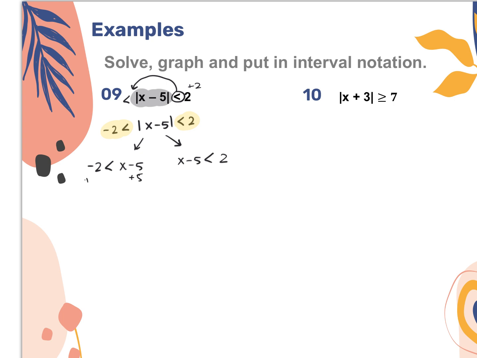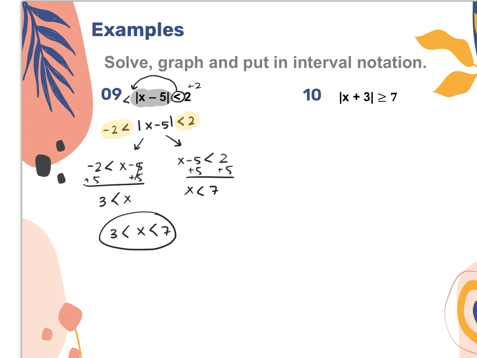So I'm going to add 5 to both sides, and here I'm going to get x is greater than positive 3, and I'm going to do the same thing on this side. And I'm going to get x is less than 7. So notice that x is greater than 3 and less than 7. This is my solution.